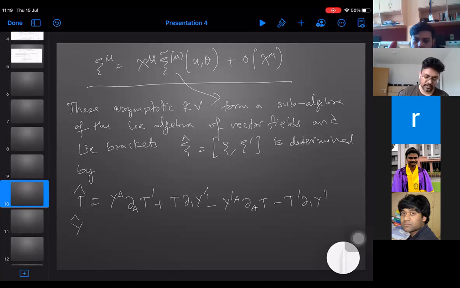Similarly, you will have the same for the y^A, which is given by this.